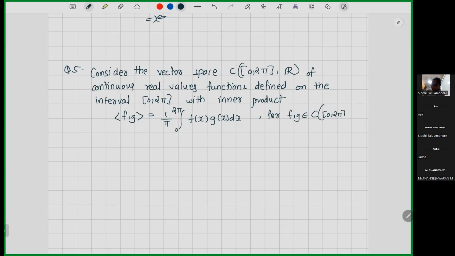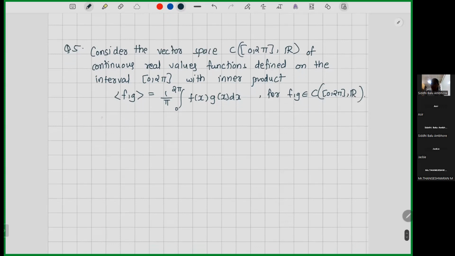Then check whether the following statements are true or false.